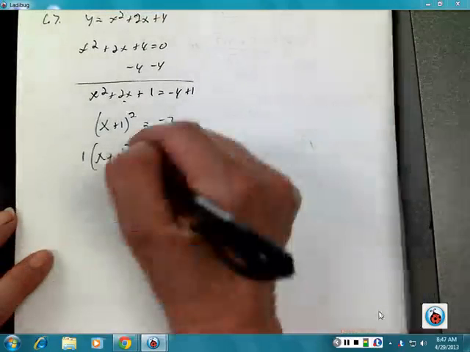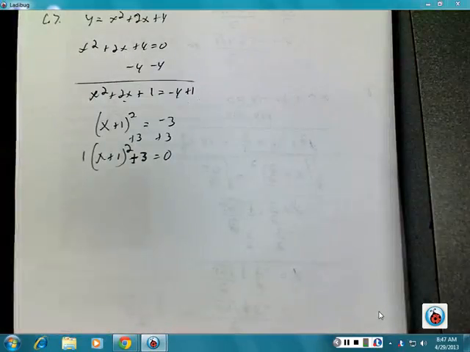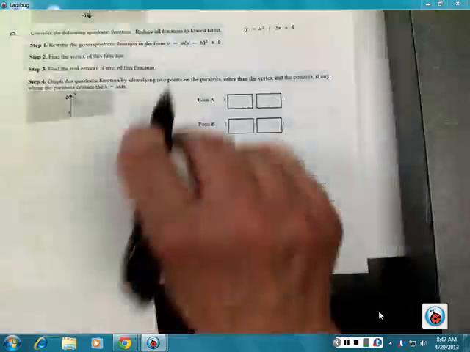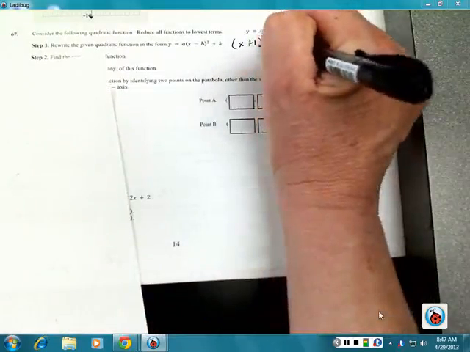Oh, yes, thank you. Yep, because I'm going to add 3. Yep, add 3. It'll be a plus 3. Okay, so let's go back to our problem and see what else we got to do in here. It says get it in that format, so we did. We had (x plus 1) squared plus 3 equals 0.